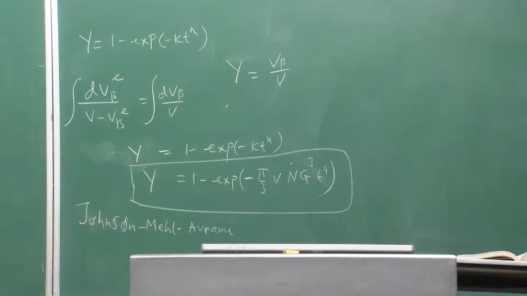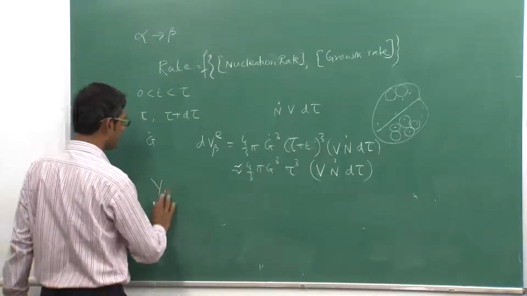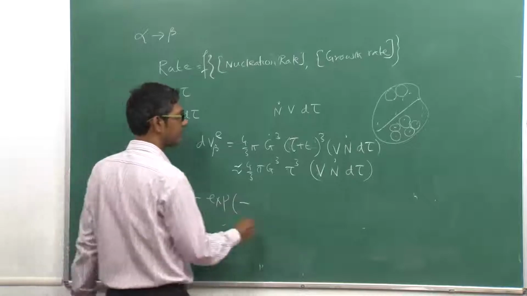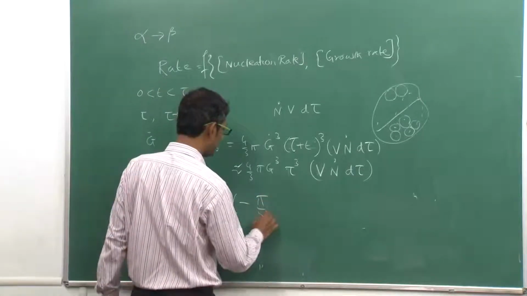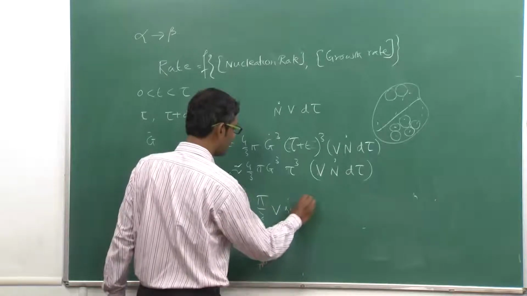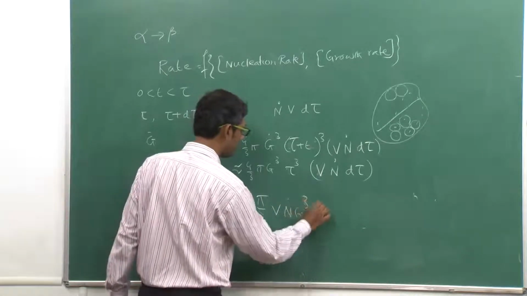I'll write it here because we cannot see it properly. So y is 1 minus exponential minus pi by 3 times N dot times G dot cubed times t to the power 4.